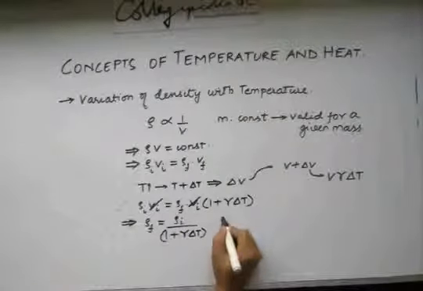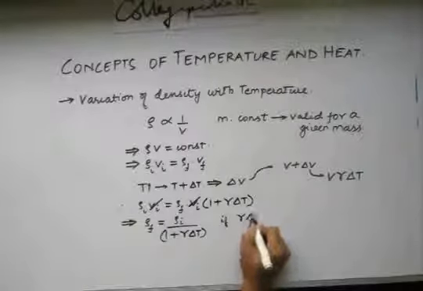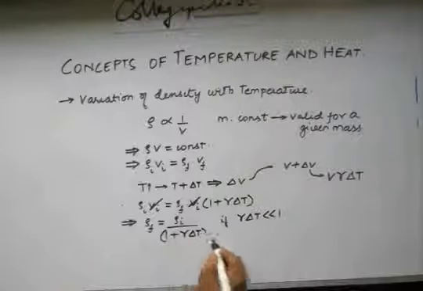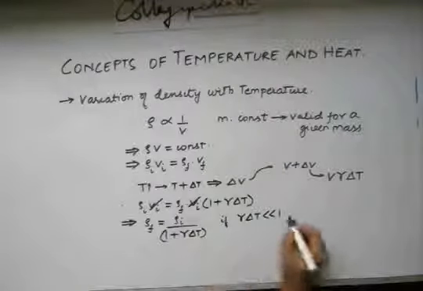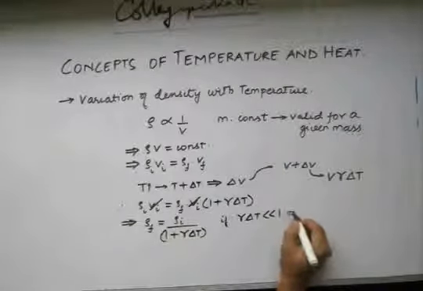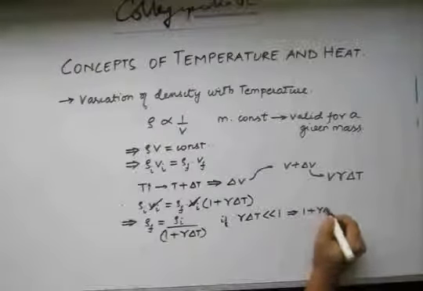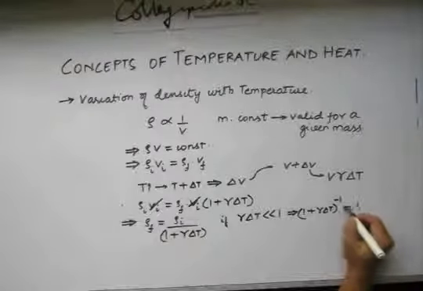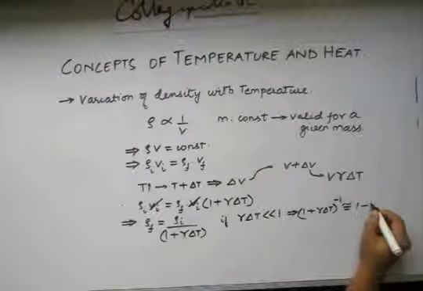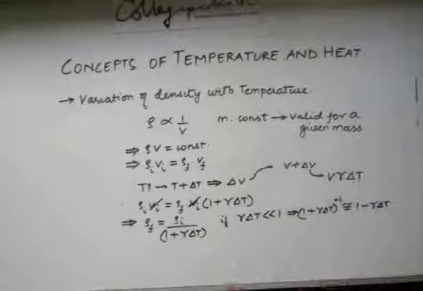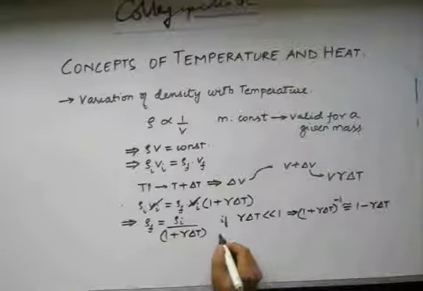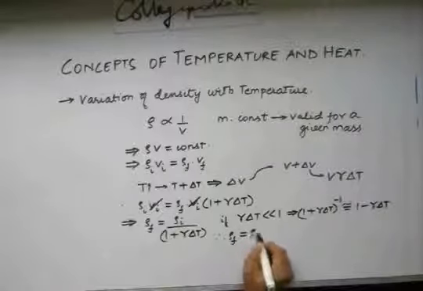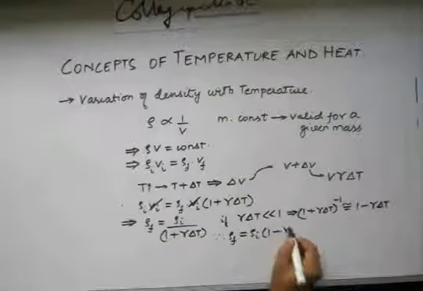So if gamma delta T is very much less than 1, we can expand this expression binomially, which is basically 1 plus gamma delta T to the power minus 1. This can be written as approximately 1 minus gamma delta T. Therefore, rho final is going to be nothing but rho initial times 1 minus gamma delta T.